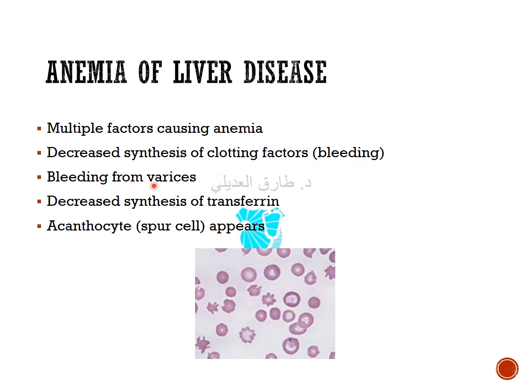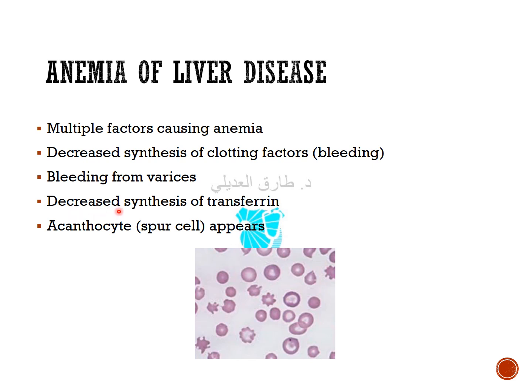Patients commonly also have varices. Varices are large tortuous veins in the GI system. They appear between the esophagus and the stomach, and also between the rectum and the anus. So these sites are vulnerable to bleeding. Patients with liver disease commonly have varices and multiple bleedings.